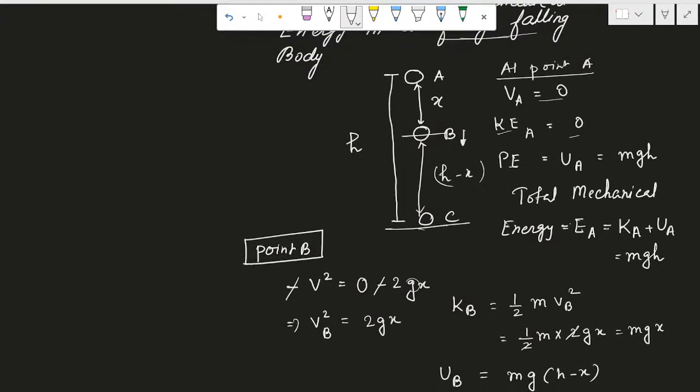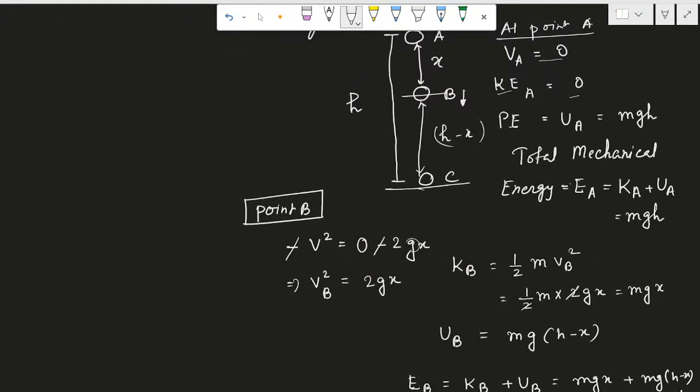Once it proceeds to point B, what happens? We can use the time independent formula. At point B the velocity would be vb square, and because it is going down, remember that vector concept, don't forget about it. Going down means negative velocity, negative direction. The initial velocity was 0, and g is negative, so minus 2gx; negative negative gets cancelled, so vb square is equal to 2gx.